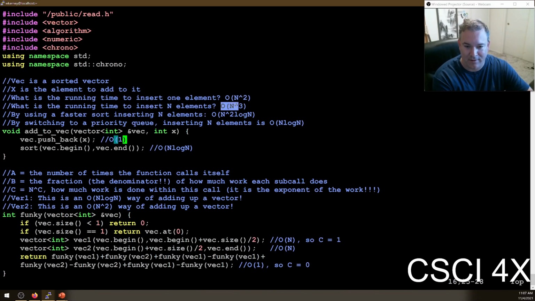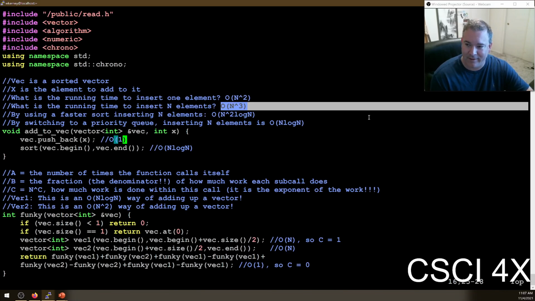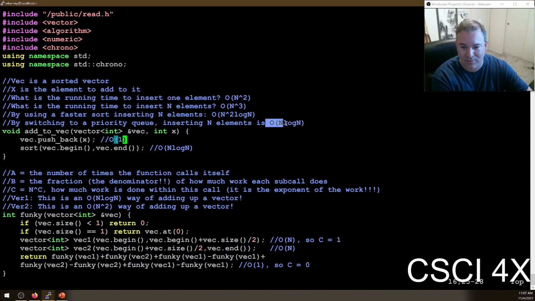And so with just a little bit of computer science savvy and know-how, I was able to reduce the running time of this algorithm, which again, I'm brushing over a lot of the details that don't matter, from order n cubed to order n log n.